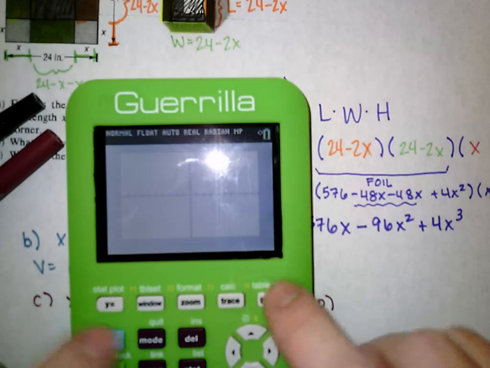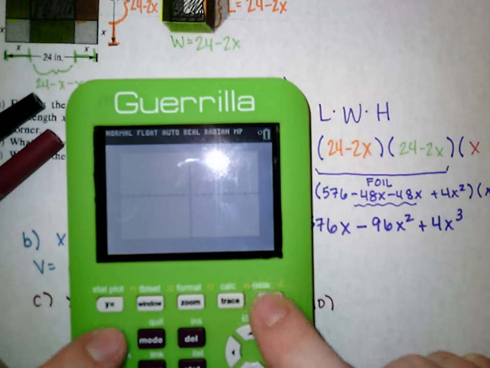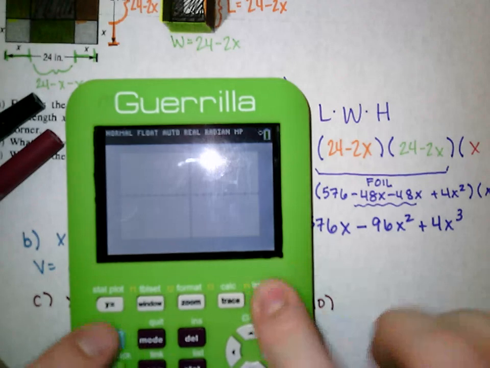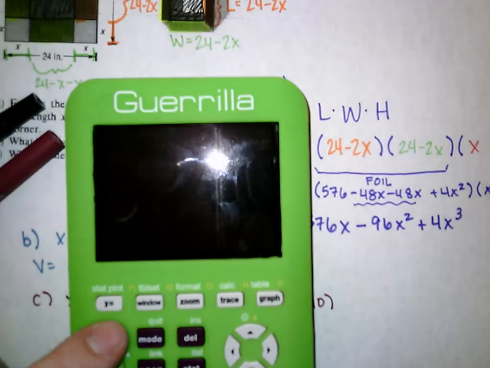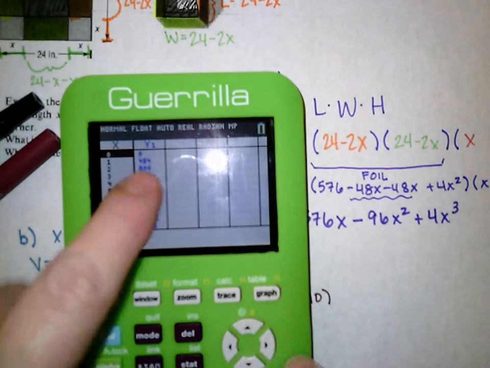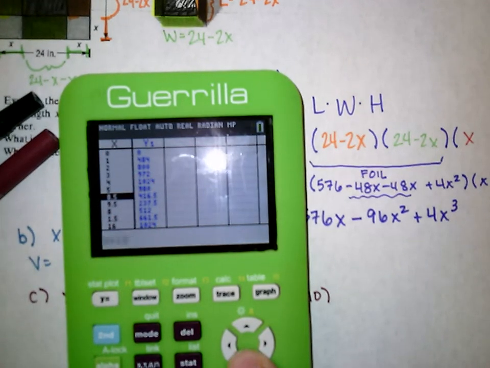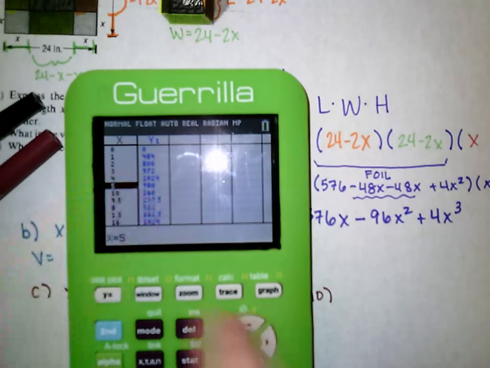So I'm going to use my trick of going to my table to be able to set my window. Oh yeah, if x is 1, it's already at 484.